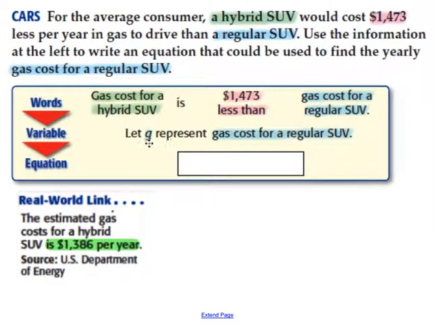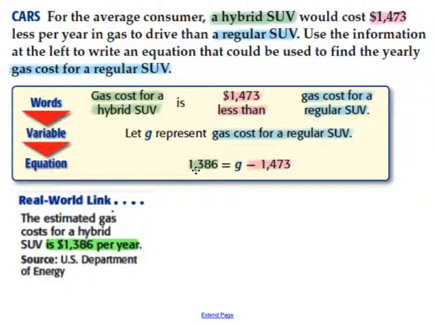We're going to let G be the gas cost for our regular SUV that we're looking for. So we can say the gas cost for the hybrid, $1,386, the green one, is equal to, remember, is means equals in math, the gas cost for a regular SUV minus $1,473 because it's less than that cost.